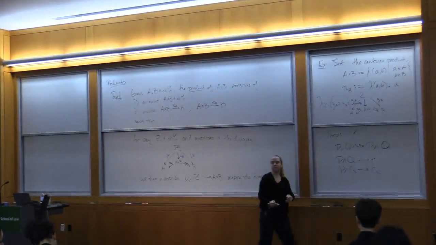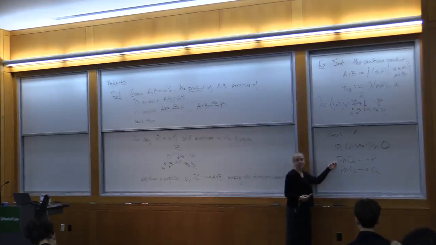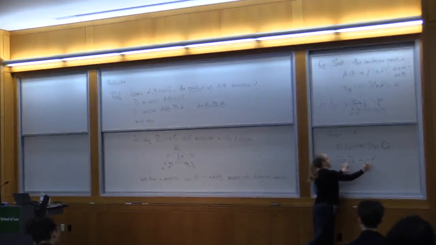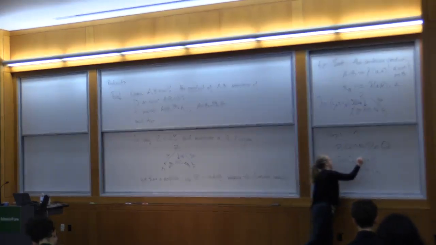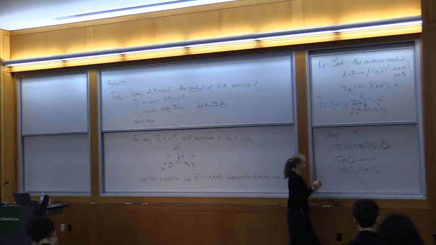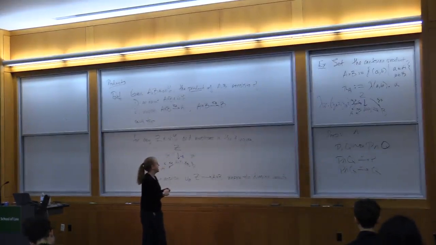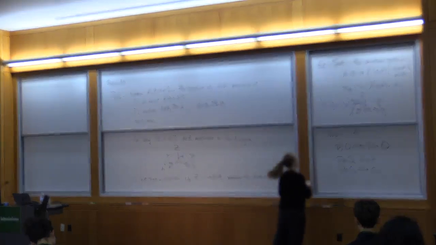Okay, so we don't really have to give these a name because the category prop, remember, is thin, so there's at most one arrow given these two guys. So that's all the data that we need. And now, let's think about the diagram.